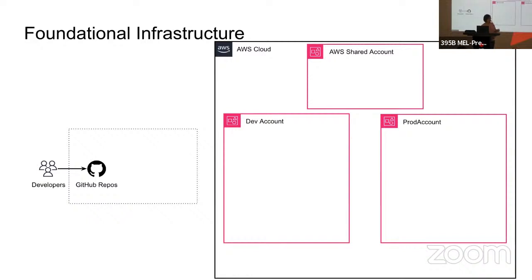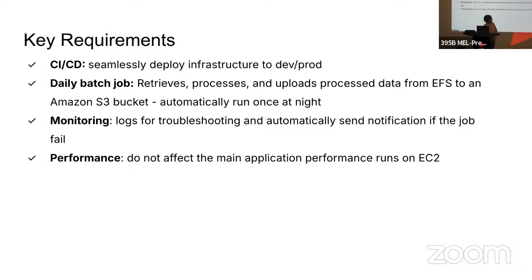They are already set up using AWS Organizations and already bootstrapped, which means we can deploy our CloudFormation stacks there. We will host our code in multiple GitHub repos. That is a requirement of our pipeline today.